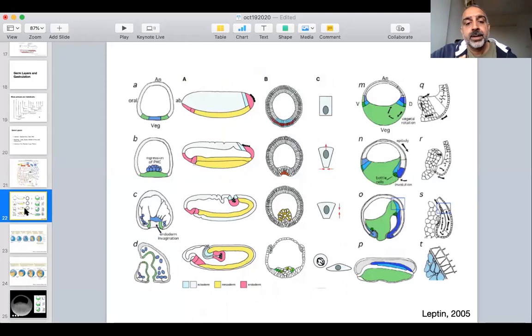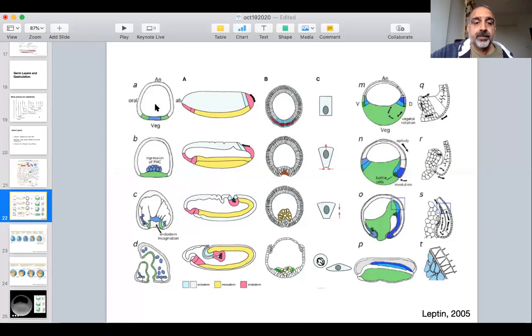And so these are all different animals that are gastrulating. What you're looking at here is the sea urchin, and the sea urchin gastrulates like this. These blue cells here are going to be mesodermal.